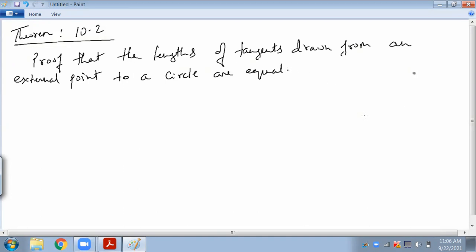So the theorem is what? From an external point, if you draw tangents, then the length of the tangents are equal.